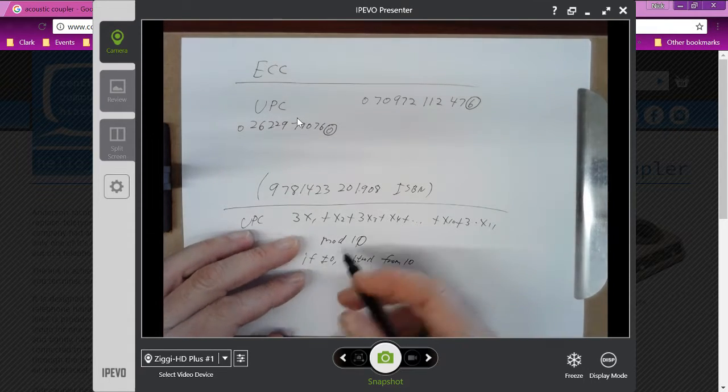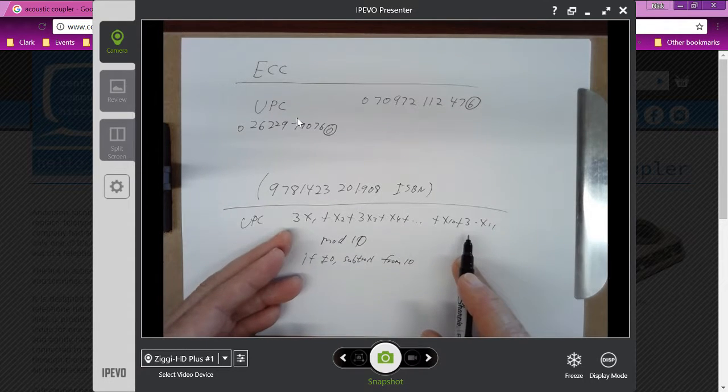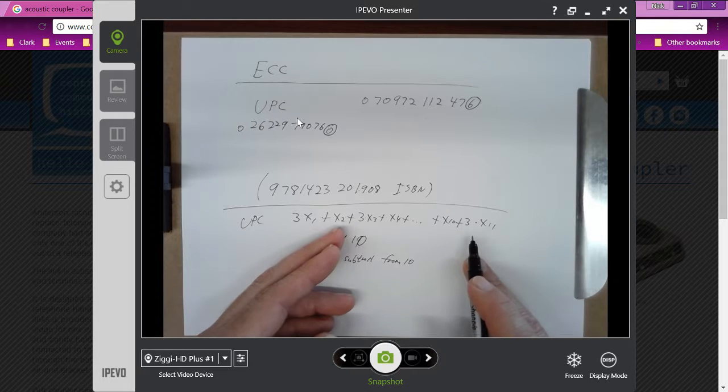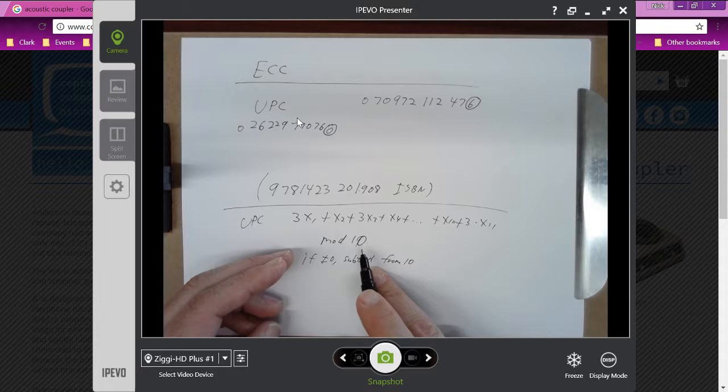The other way to think of this is: take the odd position numbers, add them together, multiply by 3. Take the even position numbers, add those together. Add those two sums together, reduce mod 10, and if you get something different from 0, subtract from 10.